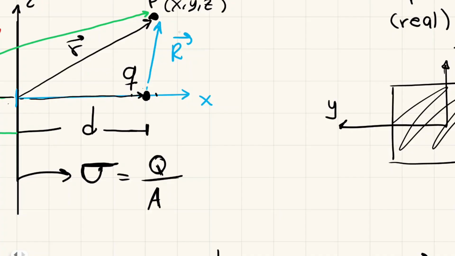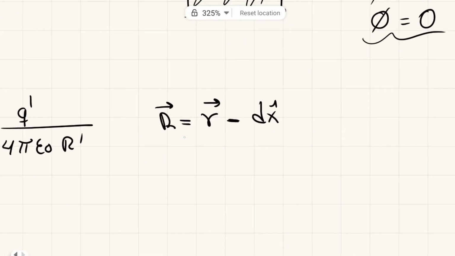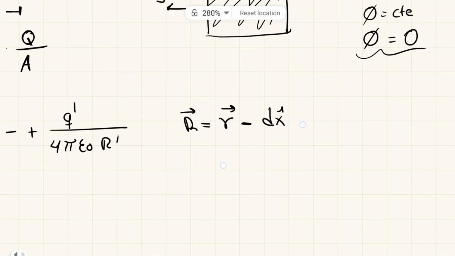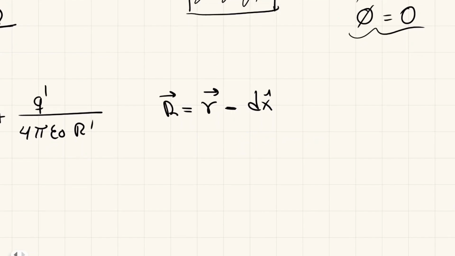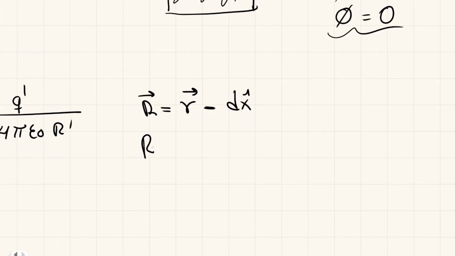So if we solve that equation for R, we get that R can be defined in this way. Again, for R prime, we are going to get r minus d prime in the x direction, and this d prime is different from d, okay?